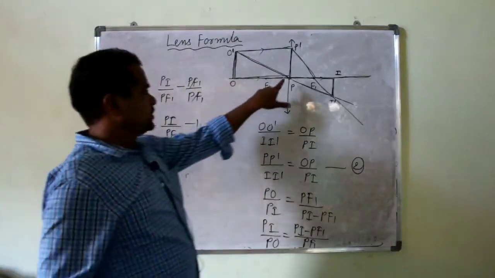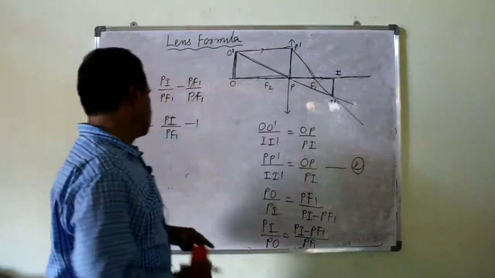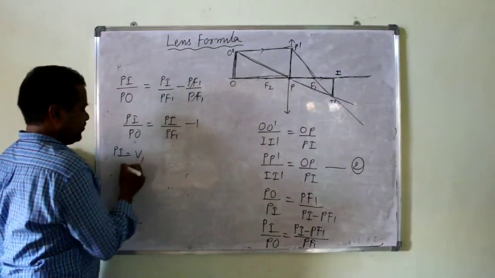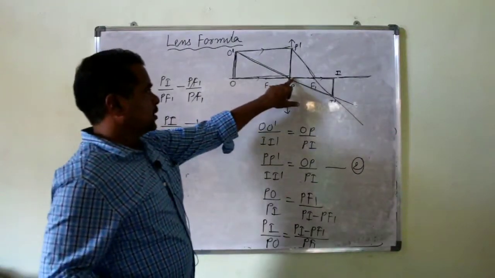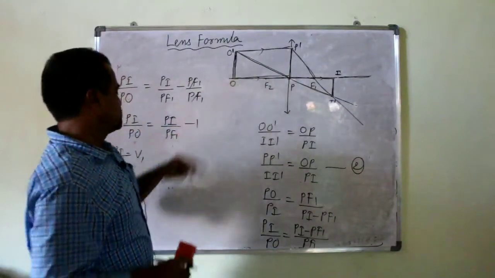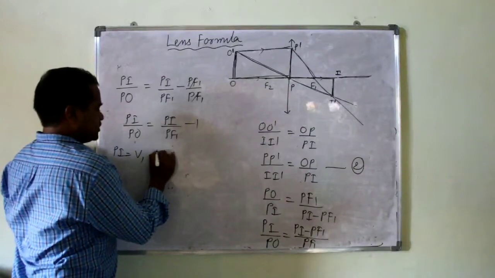PI, the distance between optic center and image, is denoted by the letter V. PO, the distance between optic center and object, is called the distance of the object.